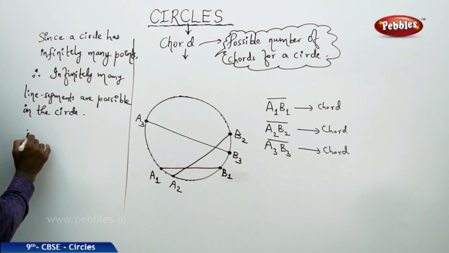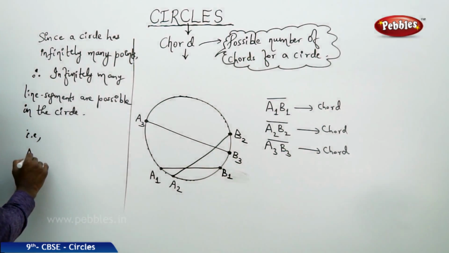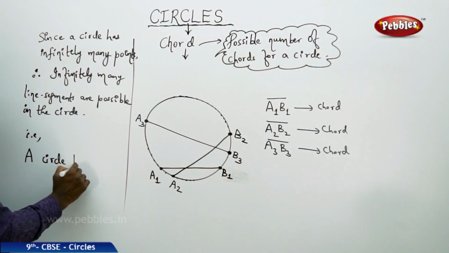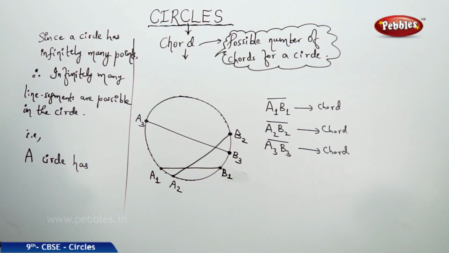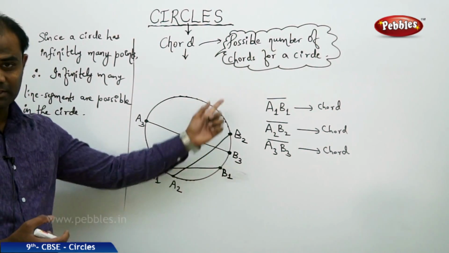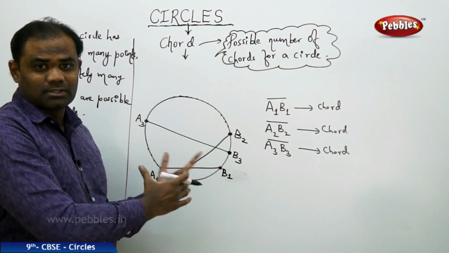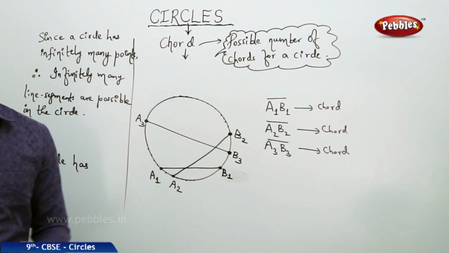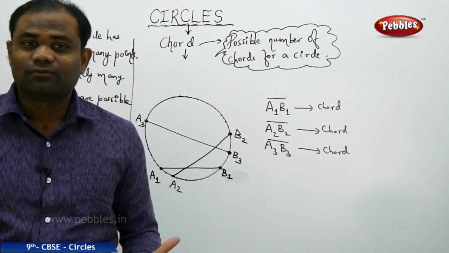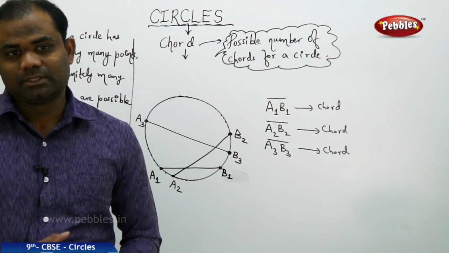Therefore, a circle has infinitely many chords. So we conclude that since infinitely many line segments are possible through infinitely many pairs of points on the circle, all those lines by definition of chord form the chords for the circle.